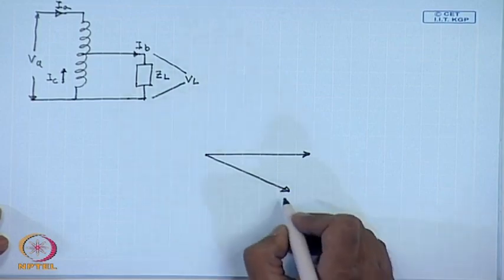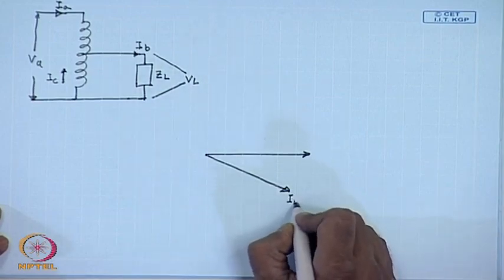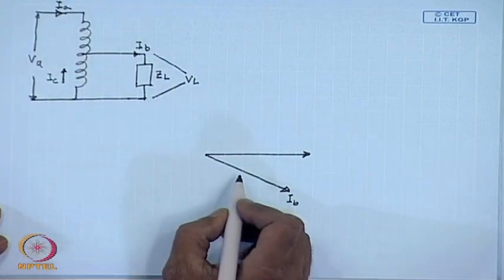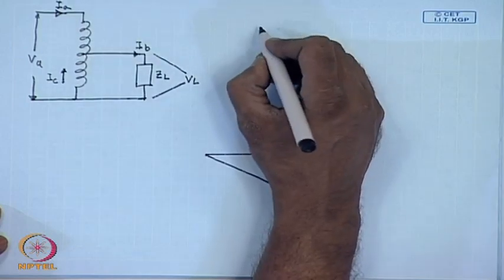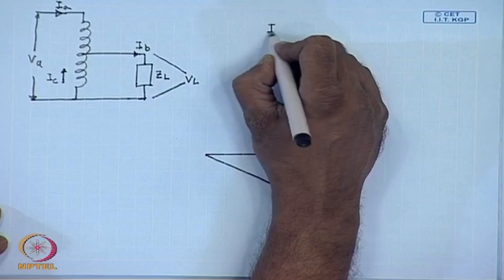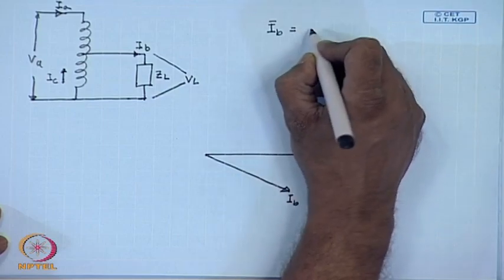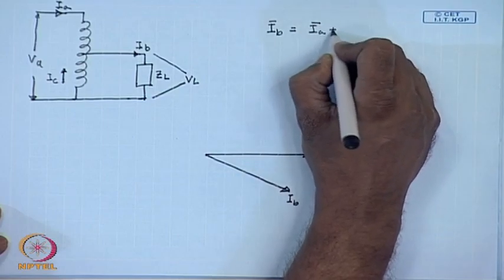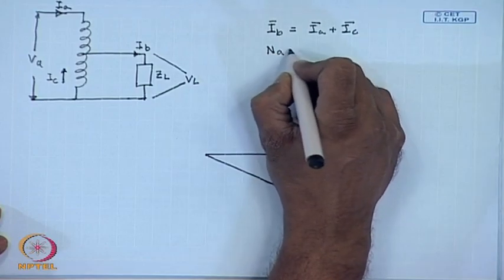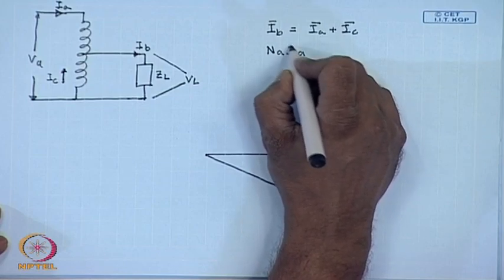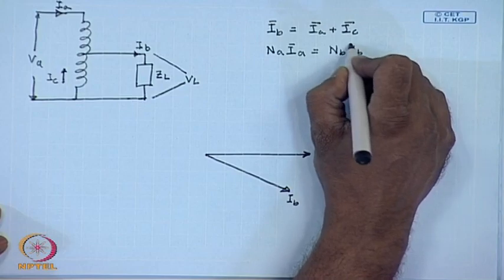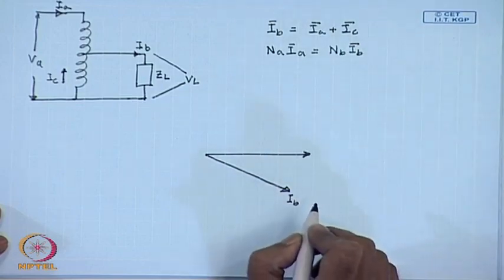So, this is the current I B. The current I A is a fraction of I B, because for the current relations we have I B equal to I A plus I C, and also N A I A equal to N B I B if we neglect the magnetization current.